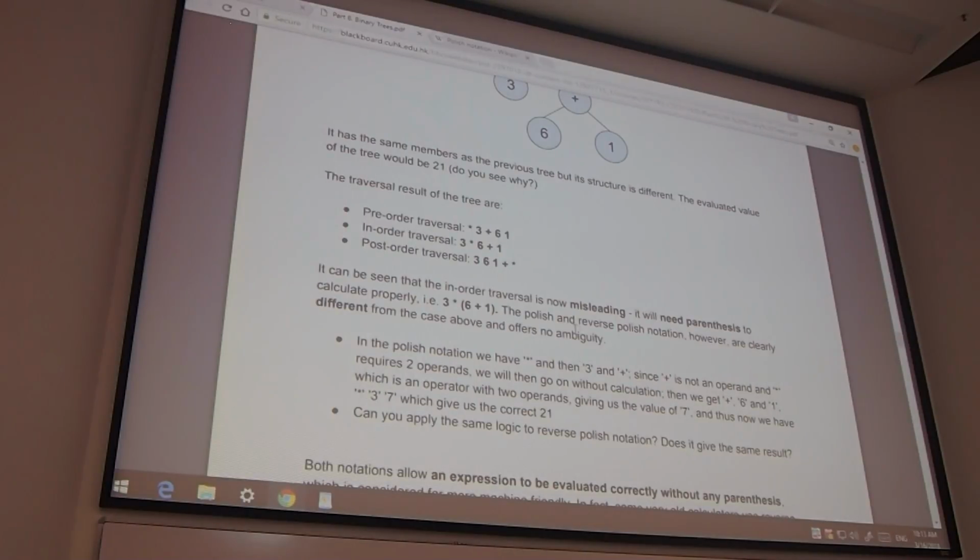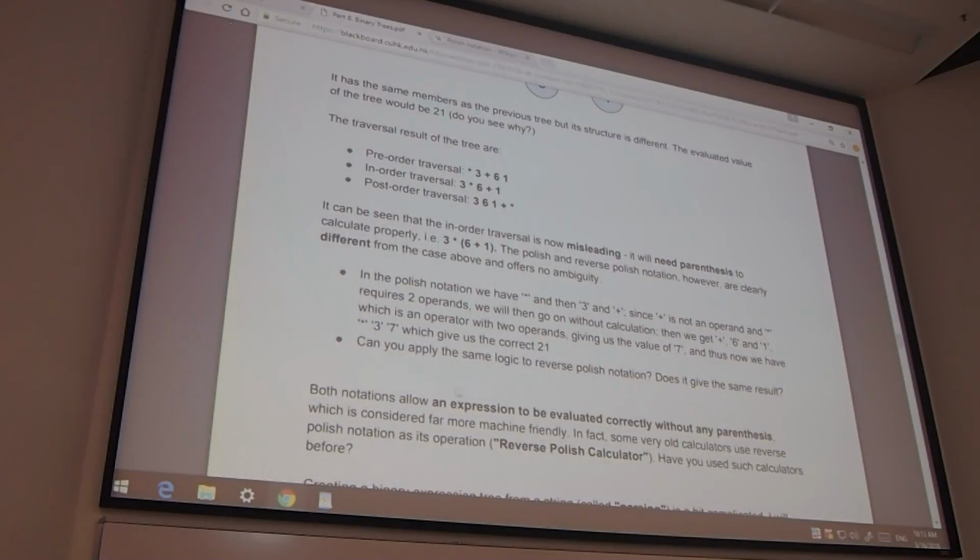Now, in the Polish notation, that is the pre-order, and also the reverse Polish notation, we do not need any parentheses. Both notations allow an expression to be evaluated correctly without any parentheses, which is considered far more machine-friendly. If you write a program and it's very complicated, you want to parse an expression and store it in a way that provides no ambiguity.